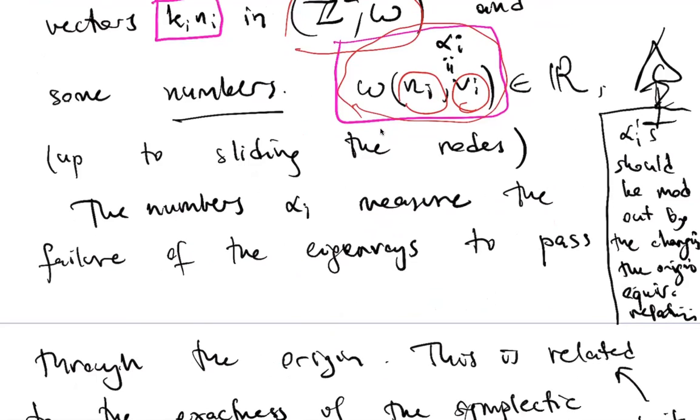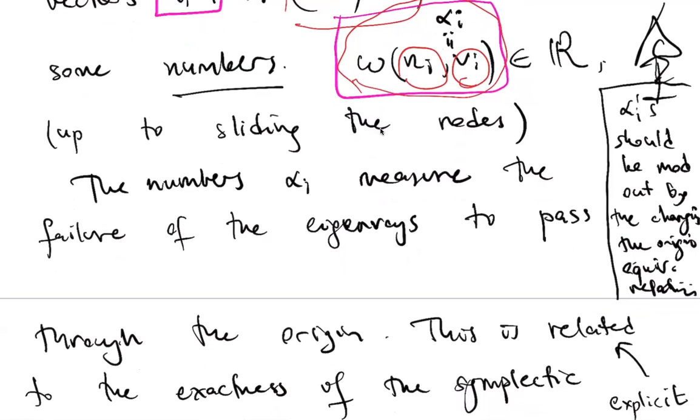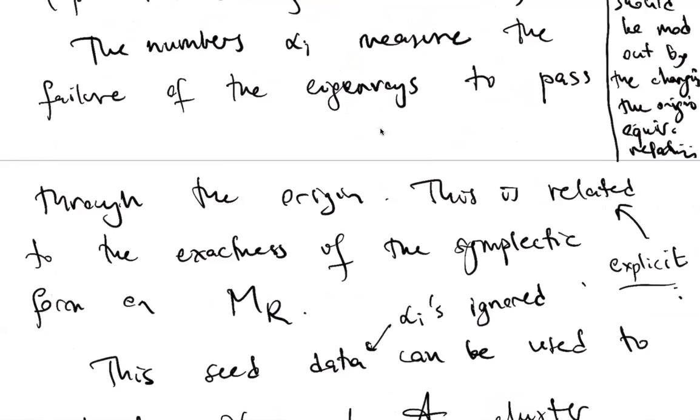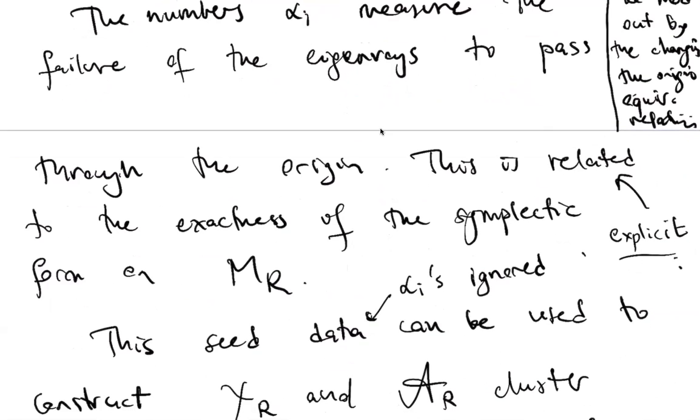So you should really think of these numbers up to modding out by a two-dimensional linear space. The real number of parameters is not the number of elements in I, but the number of elements in I minus 2. And what do these numbers alpha i measure in terms of the symplectic manifold? First of all, they measure the failure of the eigenrays to pass through the origin. And this is explicitly related to the exactness of the symplectic form on MR.